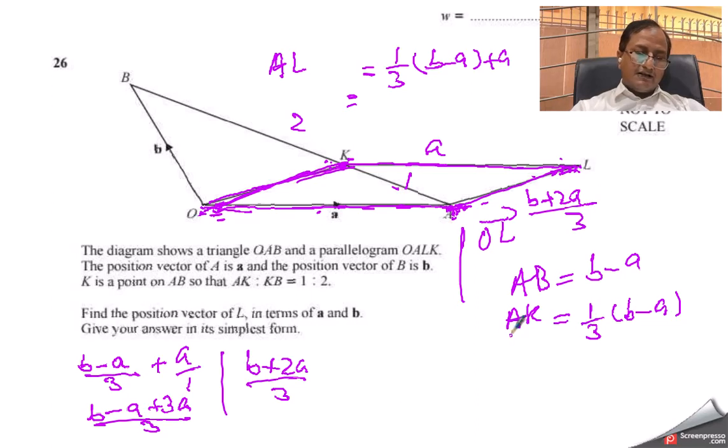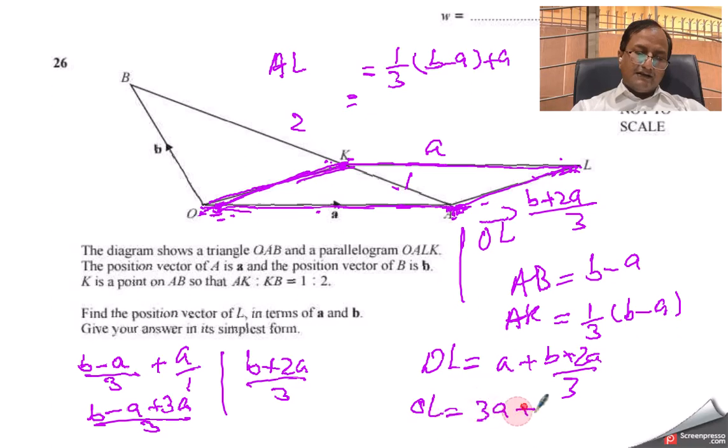Then OL is a plus (b plus 2a) over 3, which is (3a plus b plus 2a) over 3, giving (5a plus b) over 3, or 5a over 3 plus b over 3.